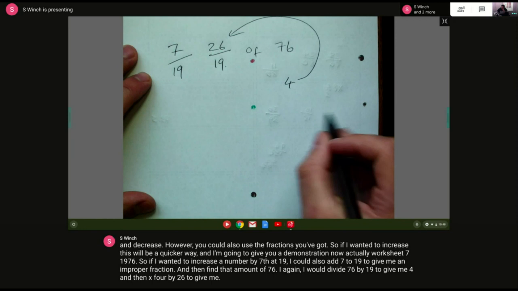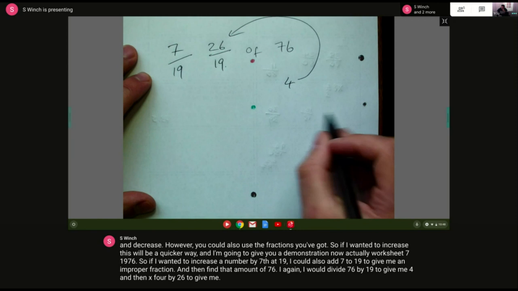And we can go on to a couple of demonstrations on increase and decrease. We'll start off with the top one in the corner here. Decrease 60 by 9 over 12. Of course, we're going to divide 60 by the denominator, which gives us 5, and then multiply 5 by the numerator to give us 45. I'm just going to see if the other method works.